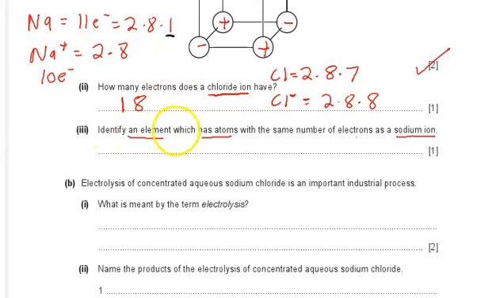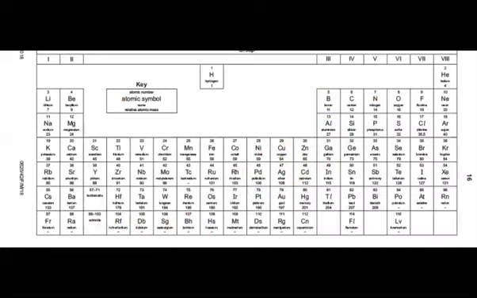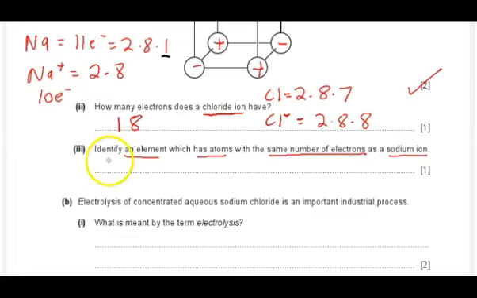Now which element has an atom with the same number of electrons? Let us find it out. This is the periodic table, and at this part we have neon with proton number 10. So this is the answer. Back to this question, this is neon, or you can write it in full.